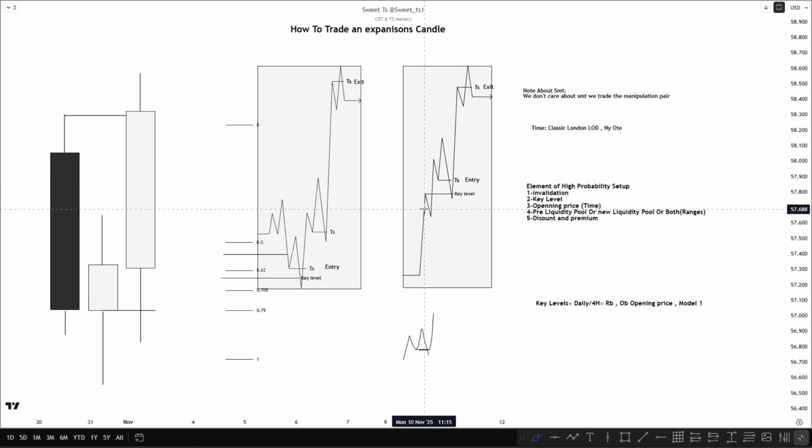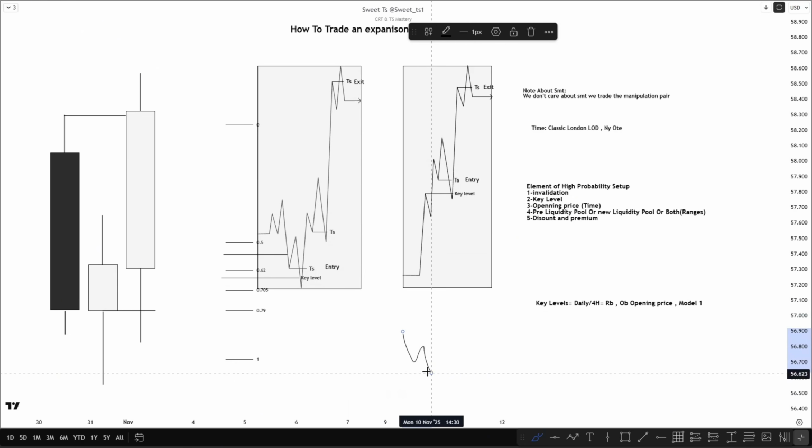But once it happens, you can anticipate this and trade it. And of course, the exit is the same, right? Now talking about SMTs. Once I'm trading an expansion candle, I don't care about SMT actually, because I'm trading below an odd low.